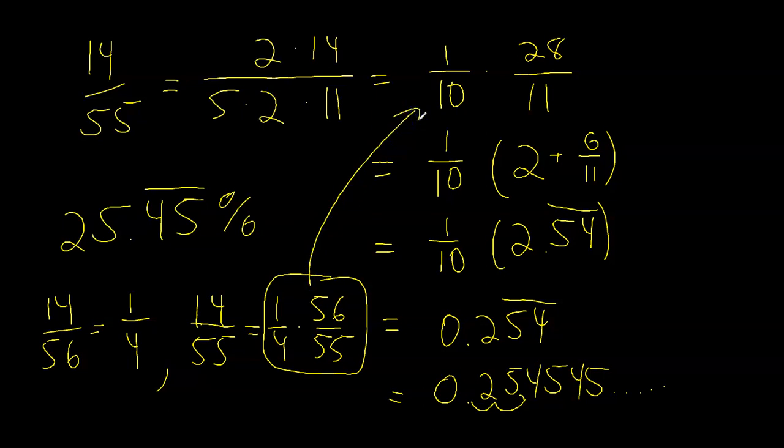So, however you get there, 14/55 is the same as 25.45454545, etc. percent. And that is a nice calculation involving a fraction whose denominator is 11 times 5 in this case. Let me show you one more thing before we wrap up.